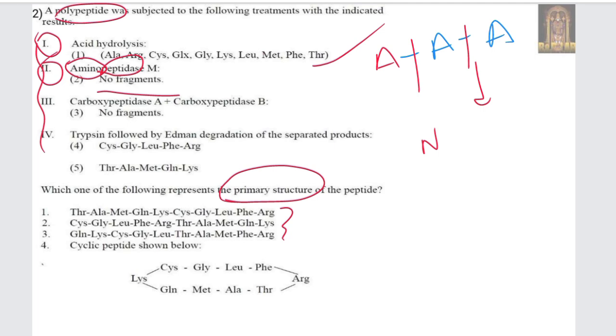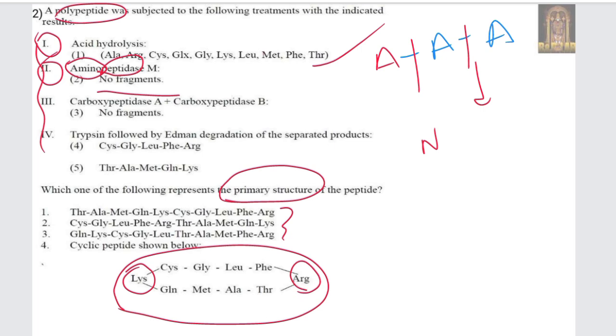In the last case, the peptide is in a cyclic form, that is, the terminal ends, lysine and arginine on the terminal sides, have no free N-terminal or C-terminal. They have engaged both sides to give a cyclic structure. So the option might be the fourth one.